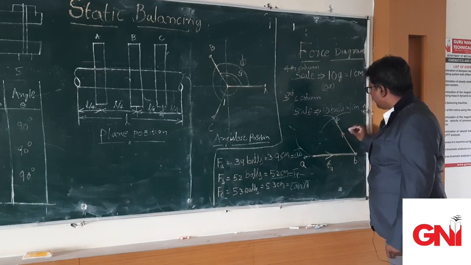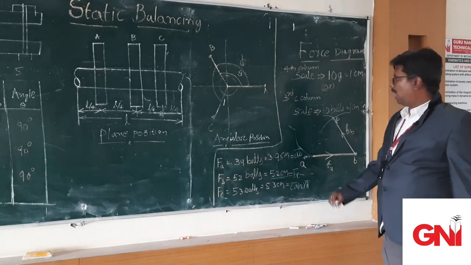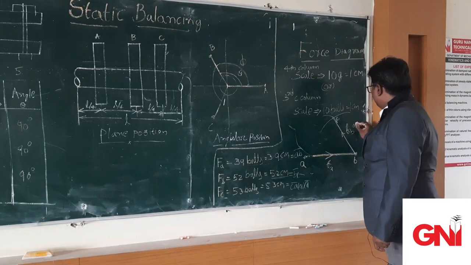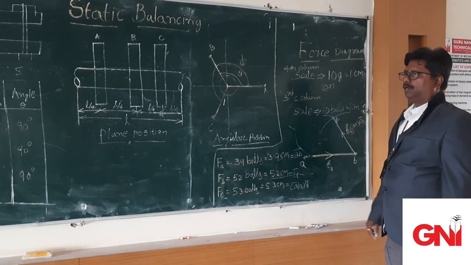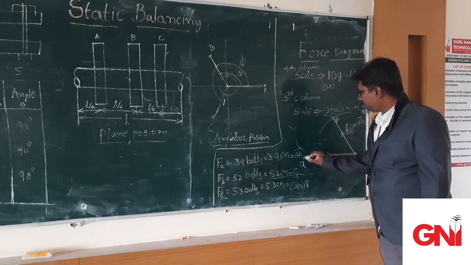This vector represents CB bar, towards C, right? That's why we need to indicate CB bar for vector formation.